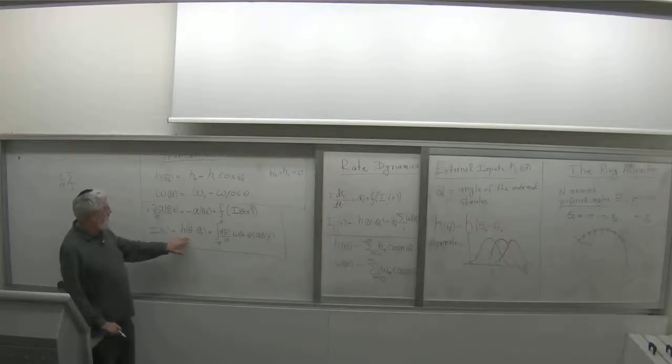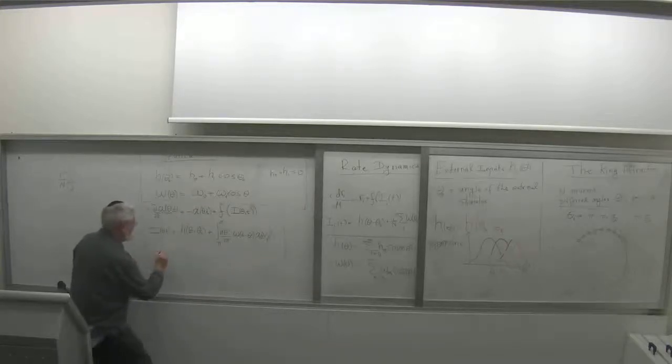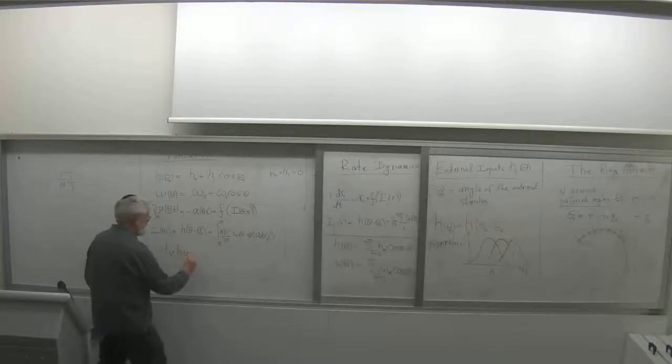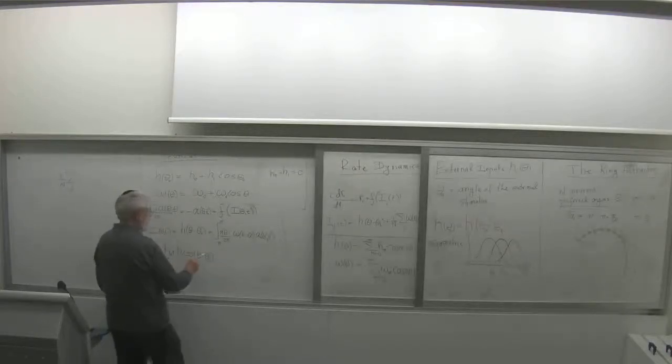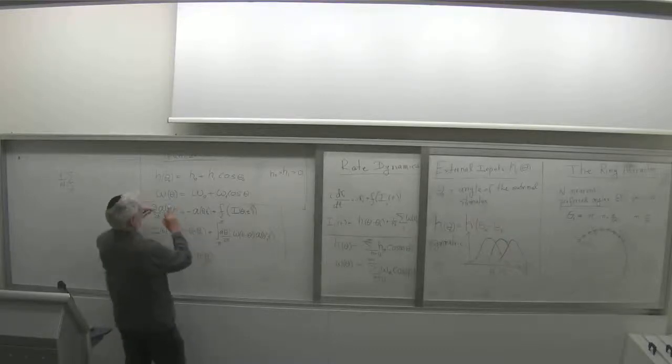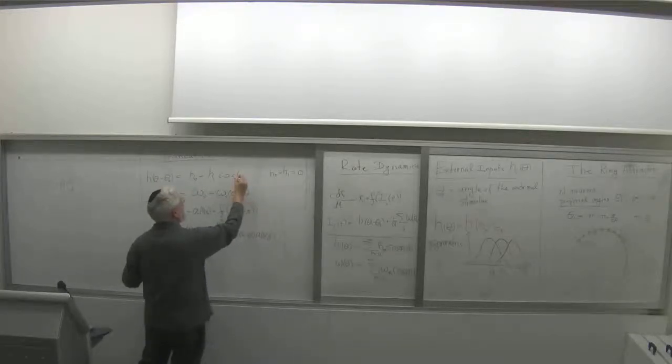Furthermore, I can now put this ansatz in. So I can write this as h0 plus h1 cosine of theta minus theta 0. Sorry, this is h of theta minus theta 0.